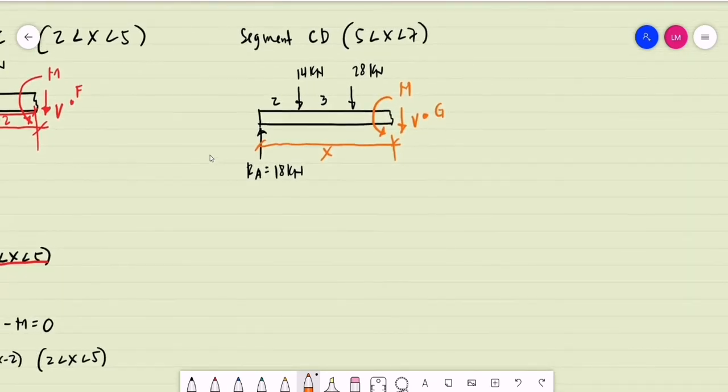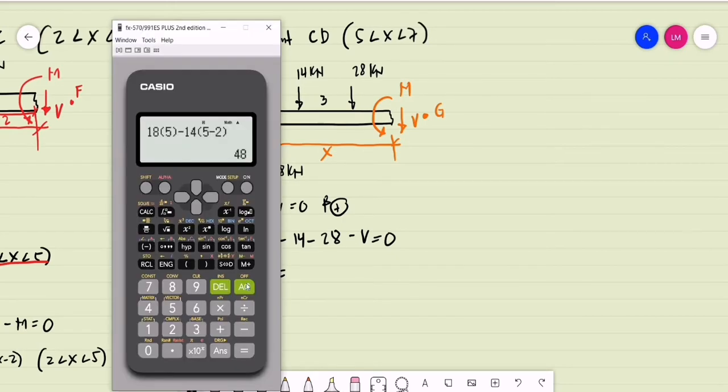So we are now to determine the shear for this segment. All we have to do, again, summation of forces vertical equal to 0, upward forces to be positive. That is, we have 18 kilonewtons, minus the 14 kilonewtons, minus 28 kilonewtons, then minus the shear will be equal to 0. What will be the equivalent of the shear for this segment?